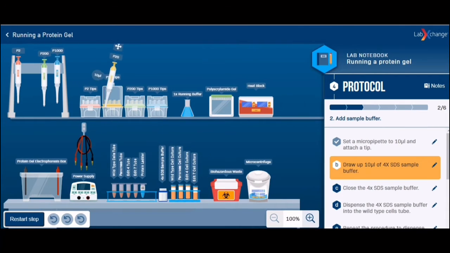Okay, the second protocol is add sample buffer. First, we already set a micropipette to 10 µL and attach a tip. Next, we will draw up 10 µL of 4 times SDS sample buffer.